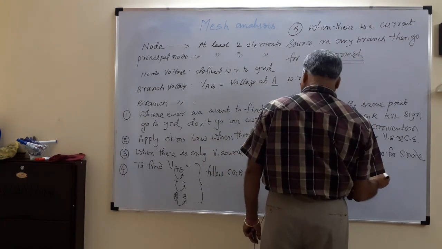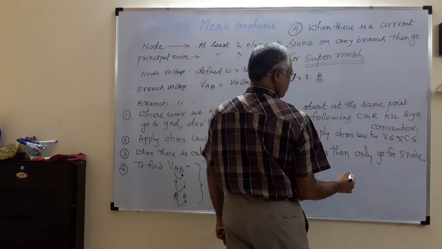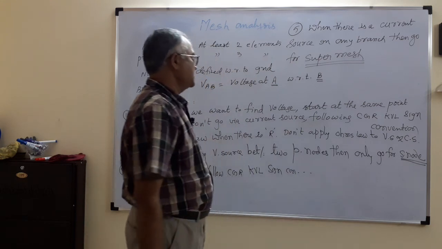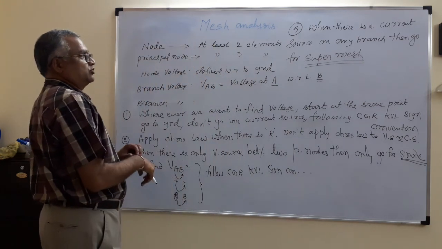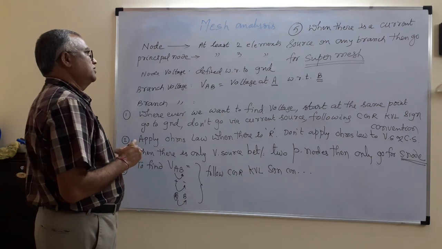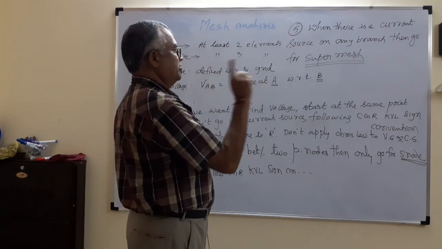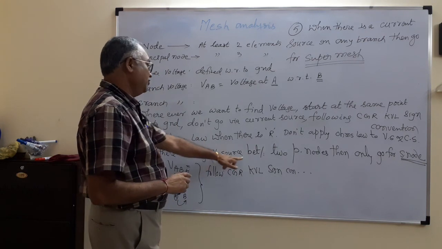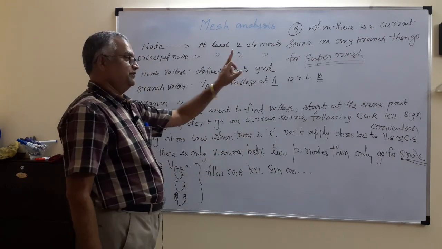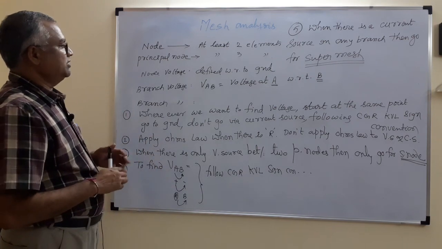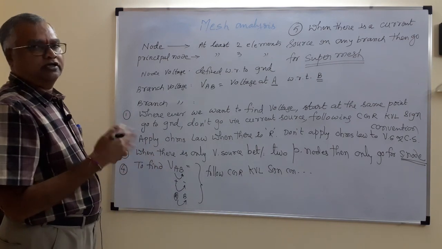Supernode, important. When there is a current source in any branch, go for supermesh. When there is only a voltage source between, see the difference. So these are the 5 important statements. Remember, we regularly use them.